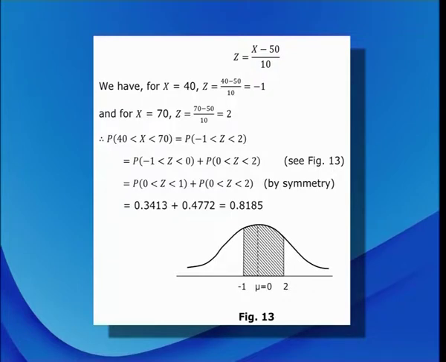That implies that probability of 40 less than x less than 70 will be equal to probability of minus 1 less than z less than 2, which is equal to probability of minus 1 less than z less than 0 plus probability of 0 less than z less than 2. So this is equal to probability of 0 less than z less than 1 plus probability of 0 less than z less than 2. So by symmetry, this is equal to 0.3413 plus 0.4772, which is equal to 0.8185.